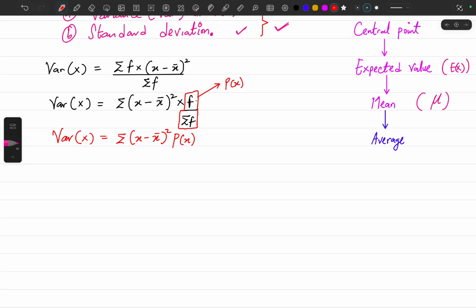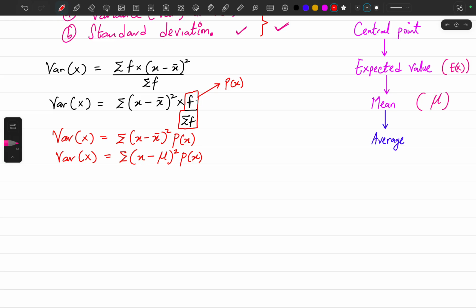We talked about the central value here, which is the mean. That could be represented by this or by expected value. You agree? So we can change things around and say the variance of x equals the summation of x minus the mean all square times the probability distribution of x.